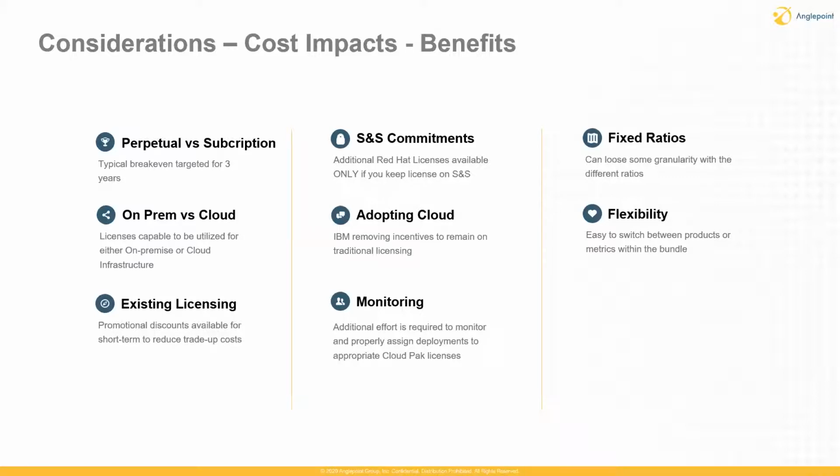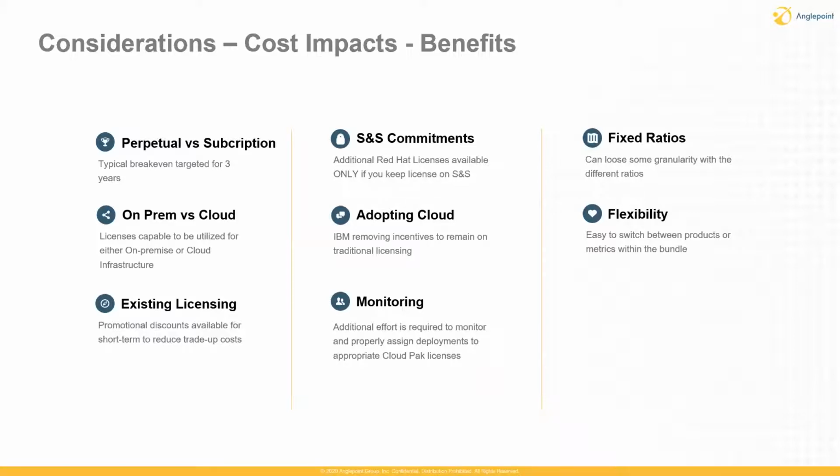Example being, if you have a product that comes with, for example, 8 WebSphere application servers to every 1 VPC. If you want to deploy anything less than the 8 cores of WebSphere application server Liberty Core, you still have to pay for 1 VPC of the product, which once again loses some of that granularity to go down to just single instances of the product.